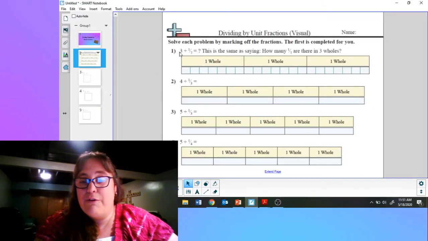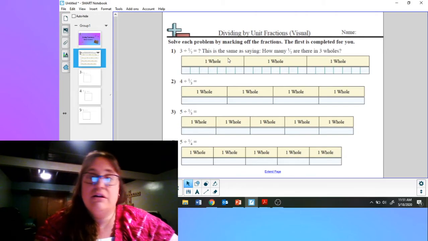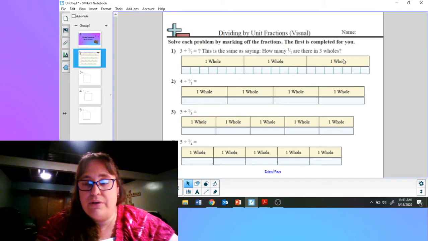Here we go. The problem number 1 has been done for you. It says 3 divided by 1/7. This is the same as saying how many 1/7 are there in 3 wholes. So I've got 3 whole licorice sticks, 1, 2, 3 licorice sticks.